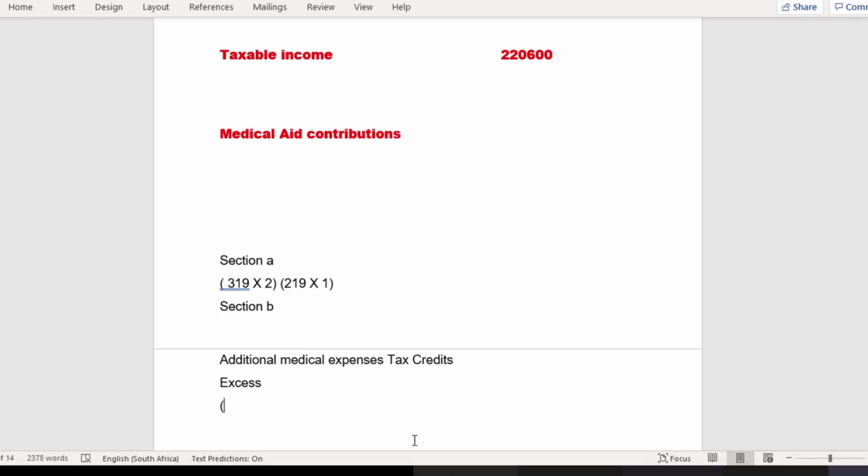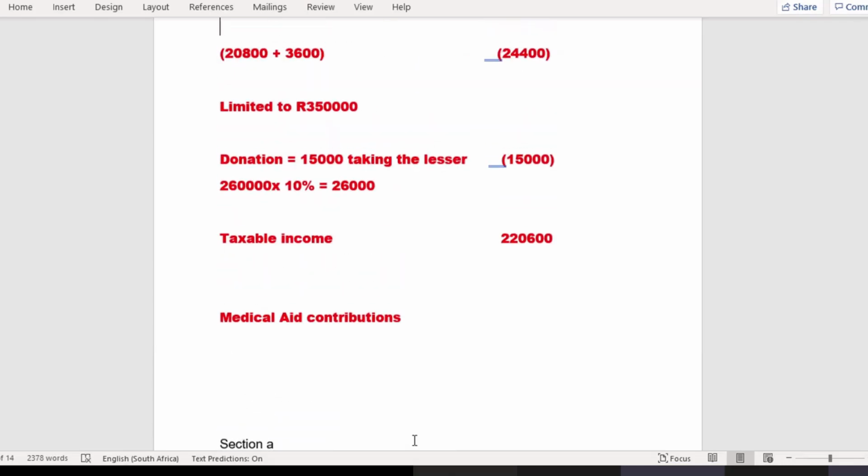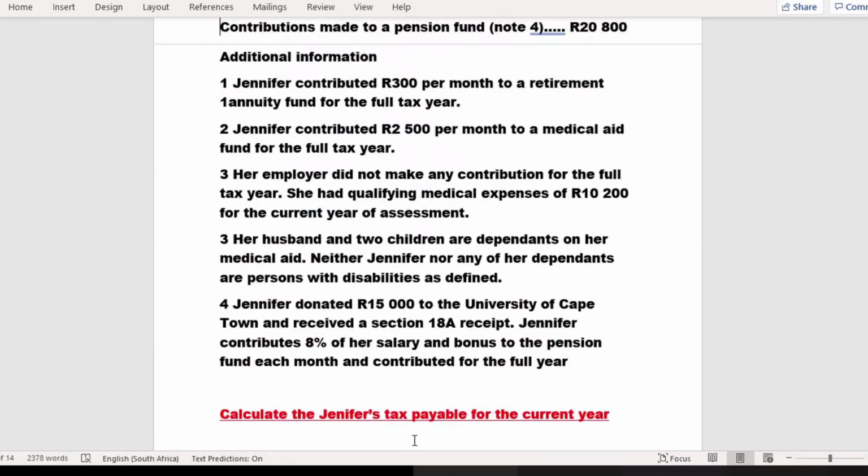How much are those amounts? You would need to go back to the question. It's on note 2. Medical aid is actually referred to in note 2. It's going to be 30,000. 2.5 multiplied by 12, is that where you get it?